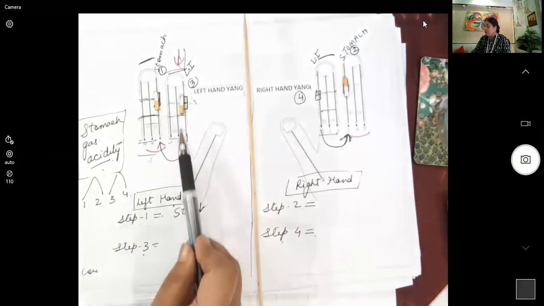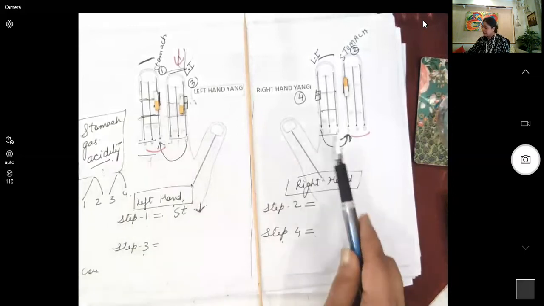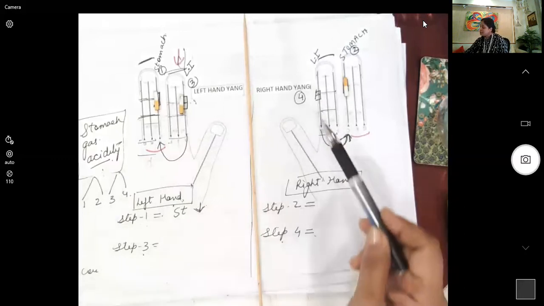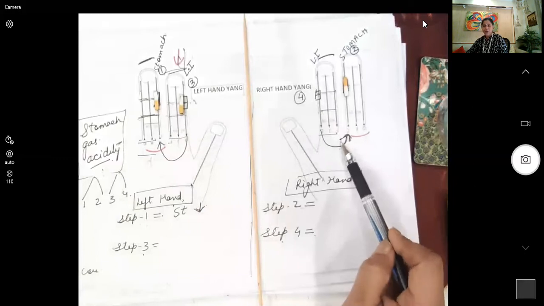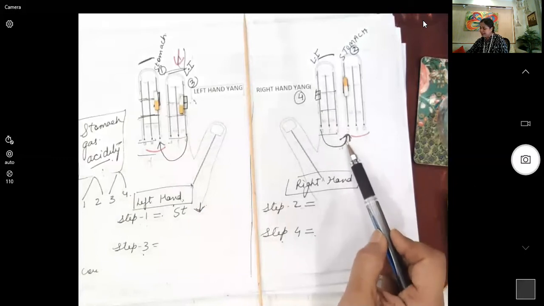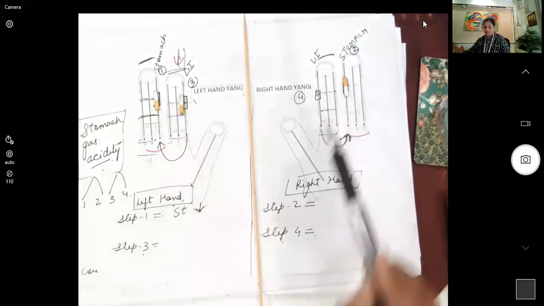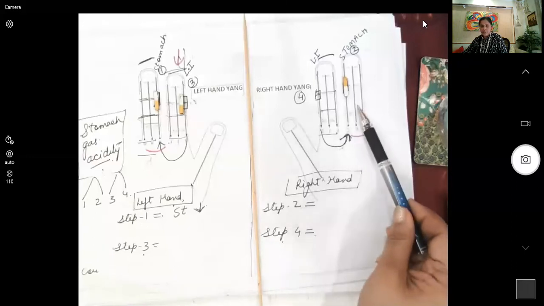So now step 3 is done and the patient is feeling better, but still it is improving, not fully cured, then you can go to the right hand. In the right hand, you have to work with the large intestine meridian, and you should see the previous step in this hand. What is the previous step in this hand? You did tonification, so you have to do the opposite.